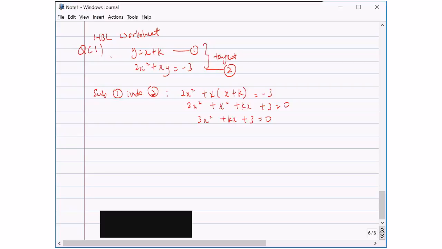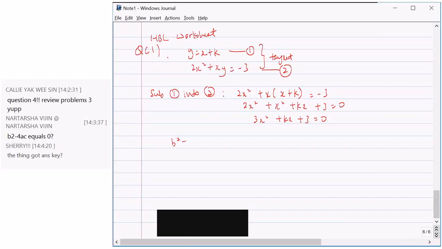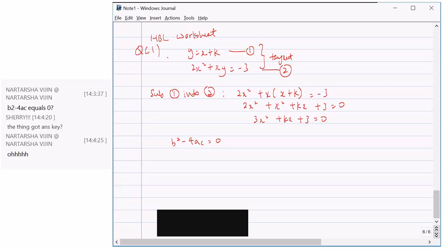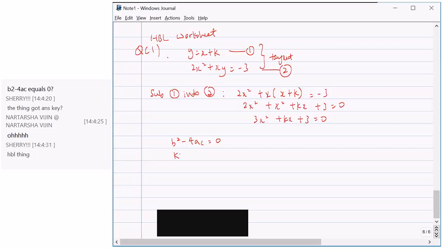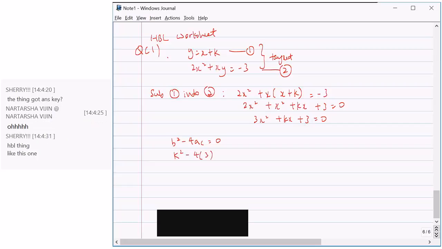So since you say b squared minus 4ac equals 0, what thing? Sherry, what thing? Then put in the b, put in the a, put in the c. So k squared equals 24, so k must be plus minus square root 24.